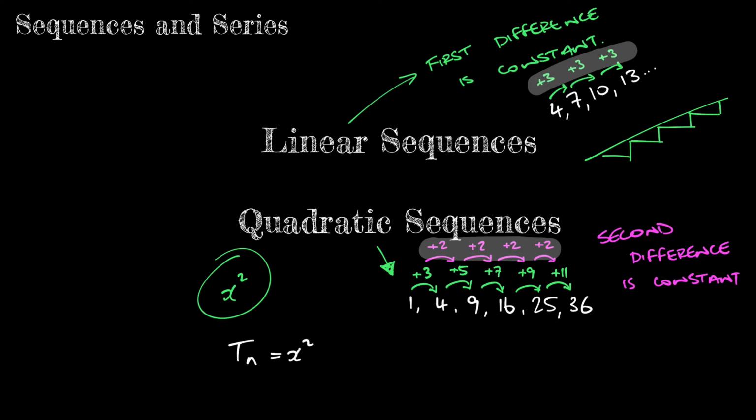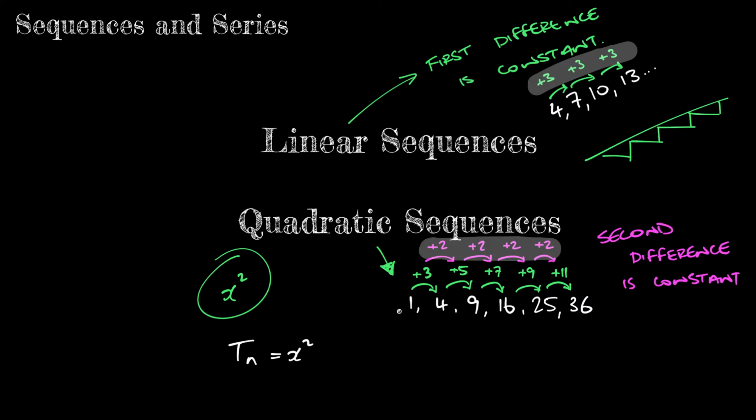T of 1 would give us 1 squared, which is 1. T of 2 would give us 2 squared, which is 4, wouldn't it?